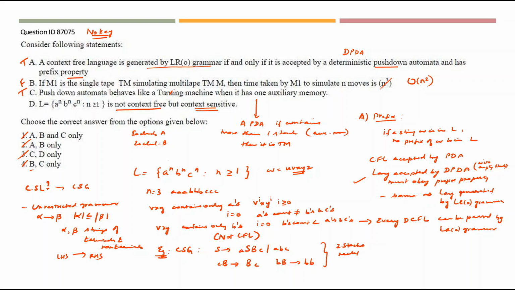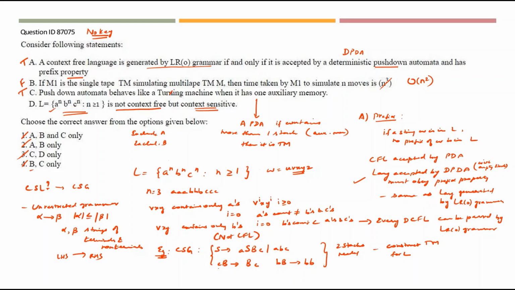In the previous statement we saw a PDA with one more stack, that is, when it has one auxiliary memory, it behaves like a TM. So we can construct a Turing machine for this language. When you have a combination of terminals and non-terminals on both the left hand side and right hand side of the production, then we can call it a context sensitive grammar. This is the grammar of the given language.